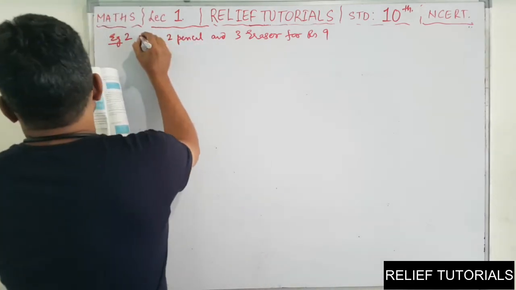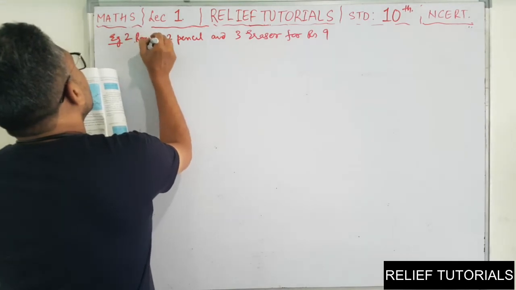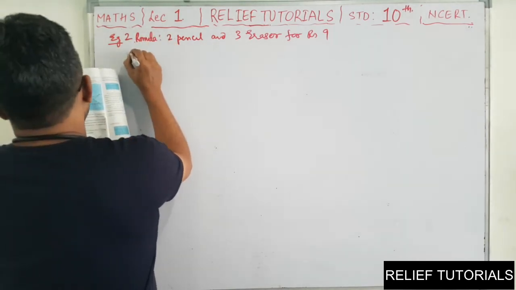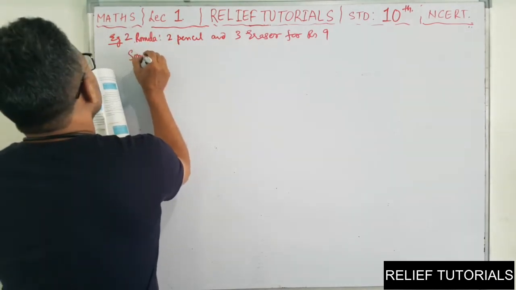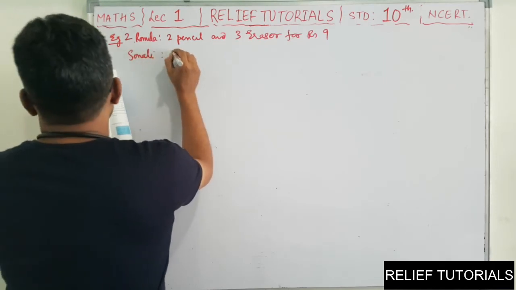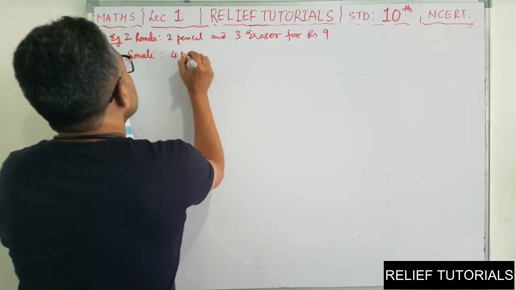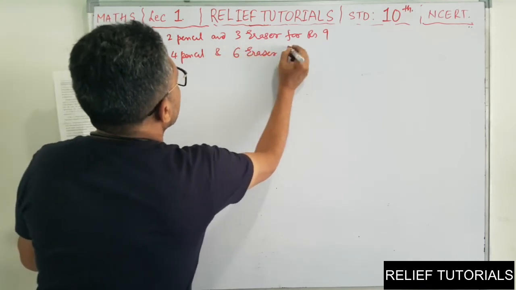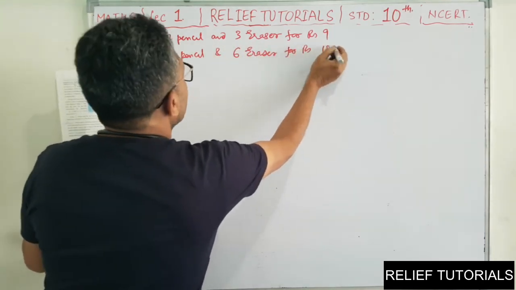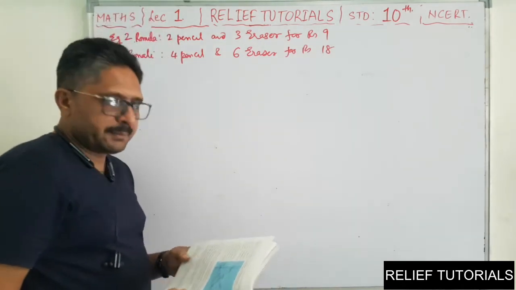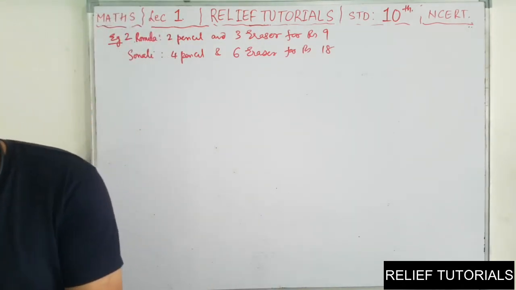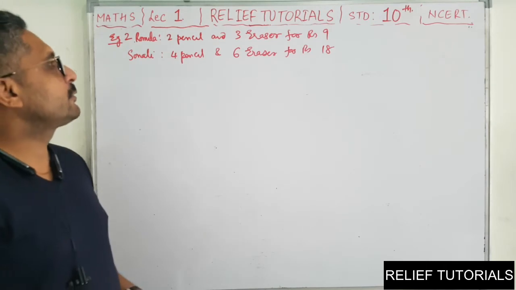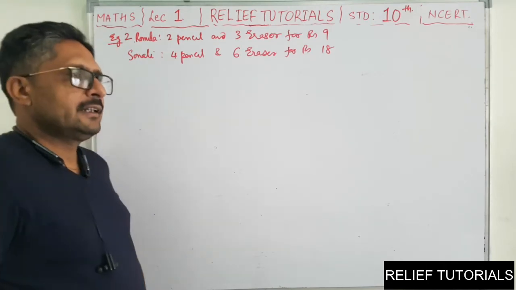So this is Romila. Now her friend, that is Sonali. Sonali purchased 4 pencils and 6 erasers for ₹18. Represent this situation graphically. So you have to represent this graphically.